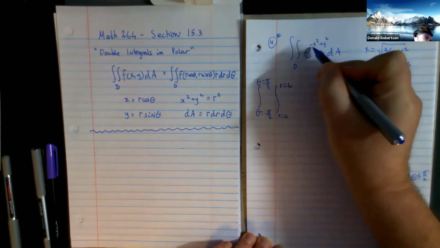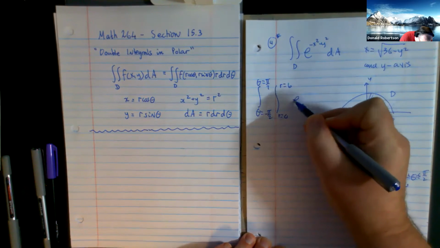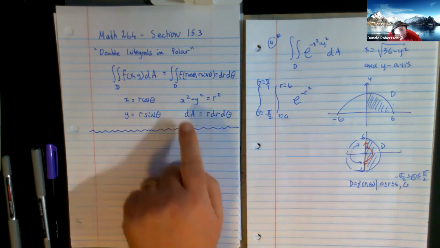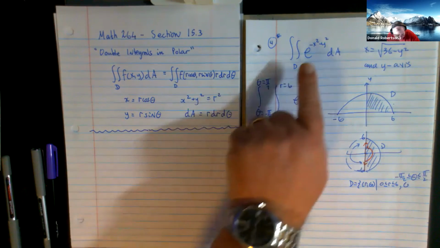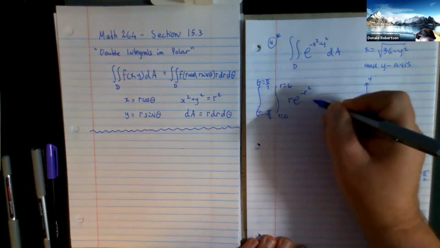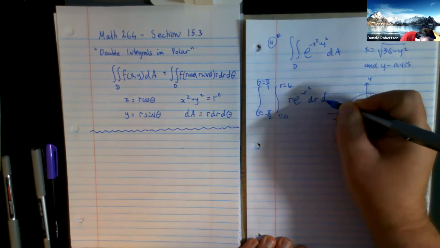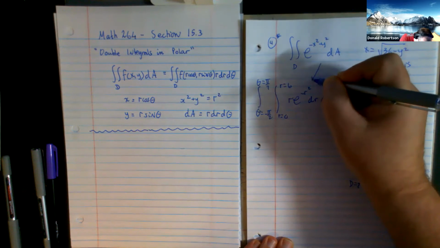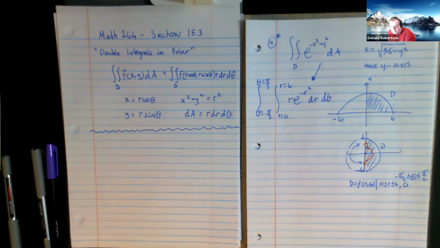Now, minus x squared minus y squared is minus r squared. Are you happy with that? If x squared plus y squared is r squared, this becomes negative r squared. We then have an r dr d theta. So that's our polar version of that double integral.